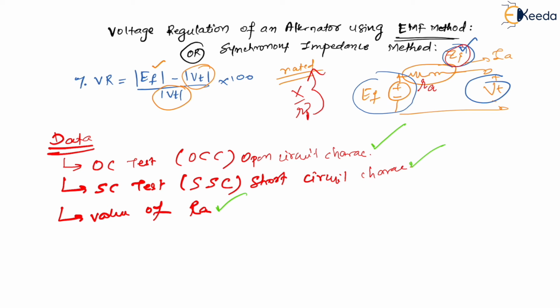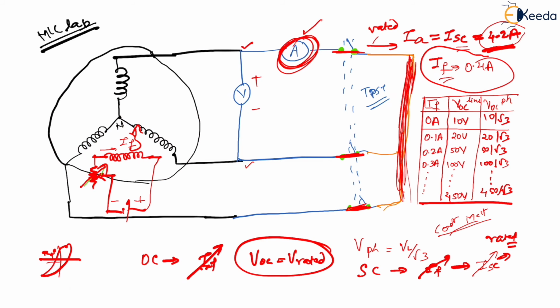Armature resistance you can definitely calculate by using a multimeter. Because inside terminals are not available with you, you can connect a multimeter from here to here and measure the resistance. Whatever resistance this is, it is RA only, correct? But this resistance is for this whole circuit, this whole line, which means what?